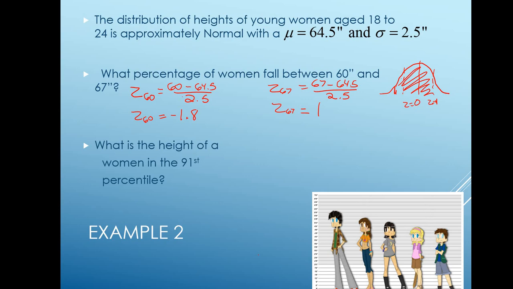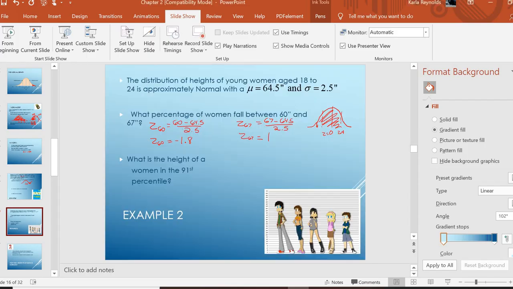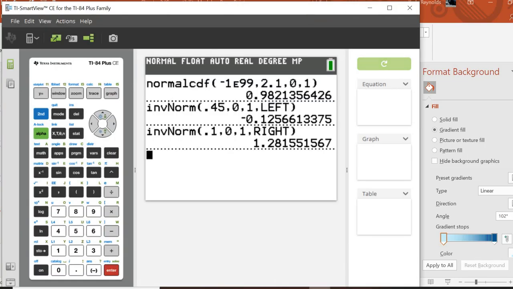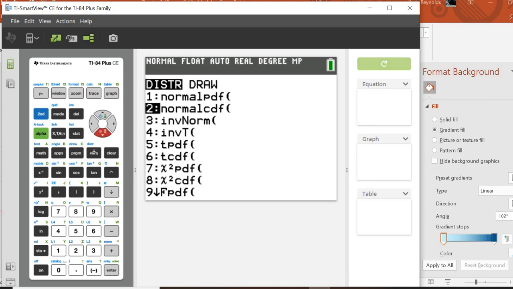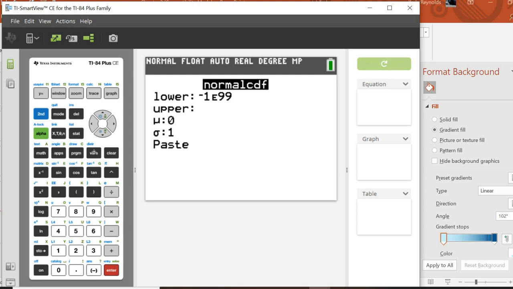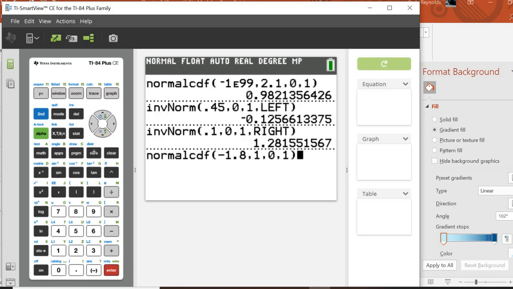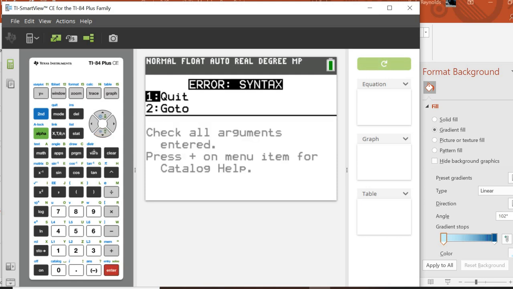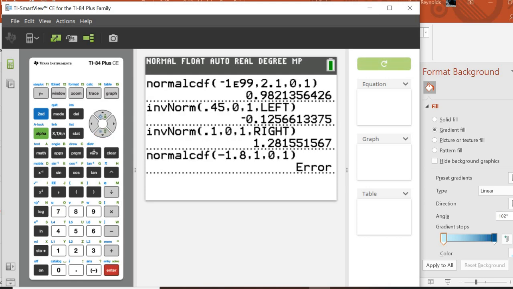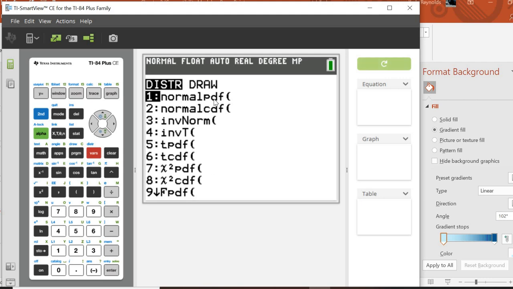All right, so we have to go to our calculator. And we're going to go this time to normal CDF, and we're going from negative 1.8 to positive 1. Whoops. Oh, I did the common problem that you might have done.